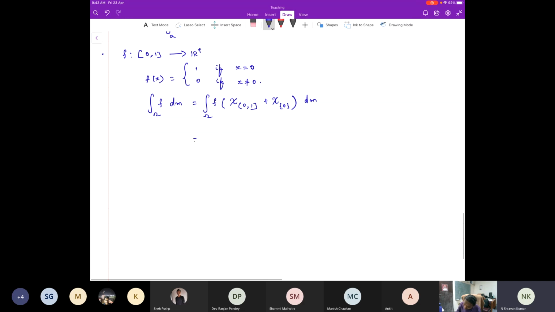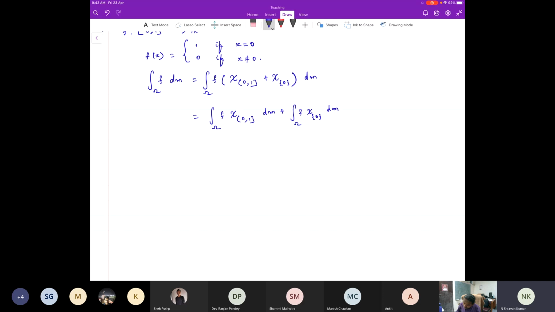Now using linearity, one can split it as the integral over omega of f times the characteristic function of (0, 1] dm plus the integral over omega of f times the characteristic function of the singleton {0}.